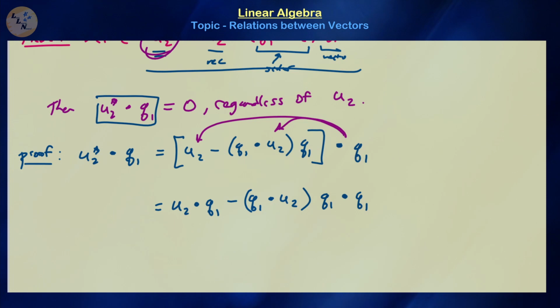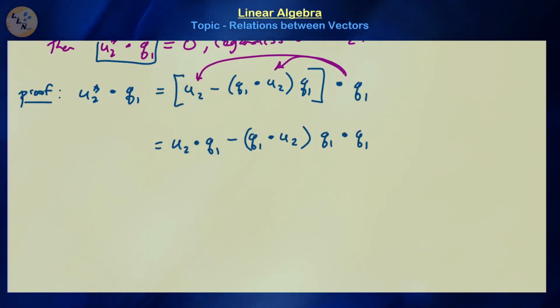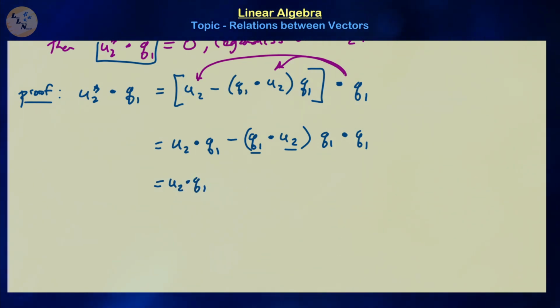All right, now that we've distributed, what can we do here? Notice that we have something special that we can factor out. I'm going to rearrange this using the commutative property to make it more obvious, because q1.u2 is the same as u2.q1. So this is the same as u2.q1, minus u2.q1 times q1.q1, and you should know what that is equal to, right?